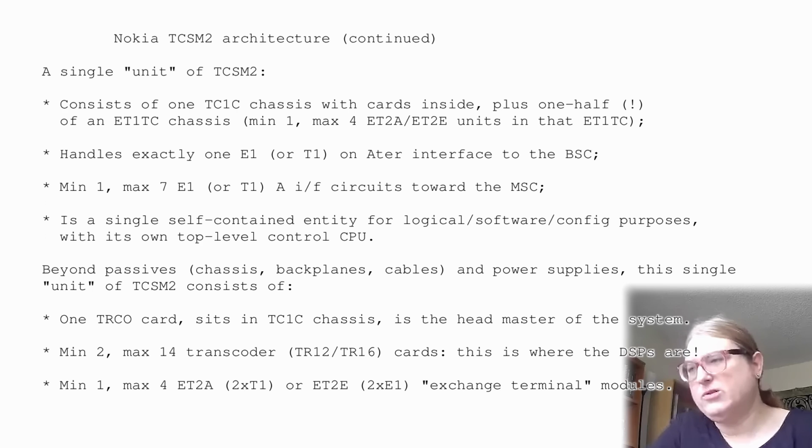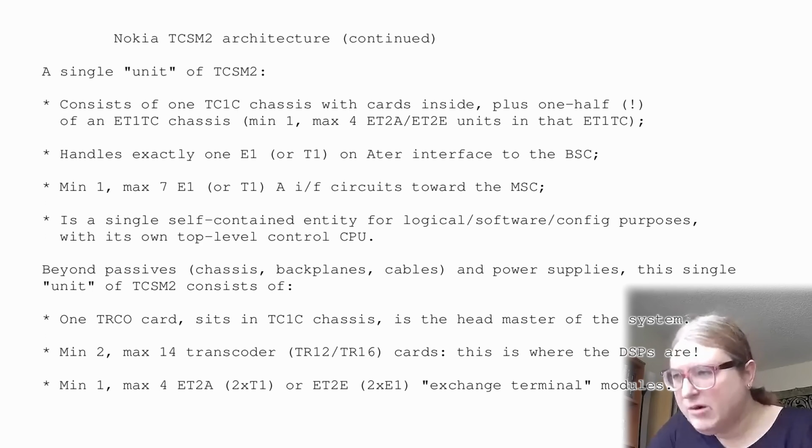So there'd be 4 E1s going on the A. And if I were doing half rate, it would be an 8x expansion, but there is only a maximum of 7 E1s in this architecture to the A, for a total maximum of 8, where one of them is the 8R. But again, I'm going for the minimal config. So in the minimal config, I will only have a single E1 on each side. A single E1 8R and a single E1 A.